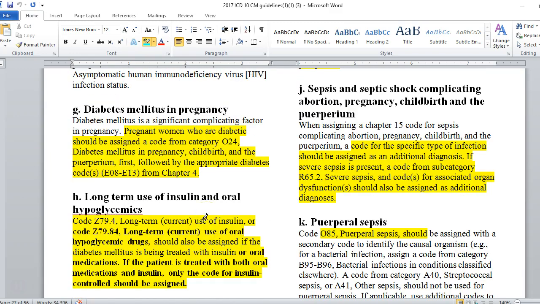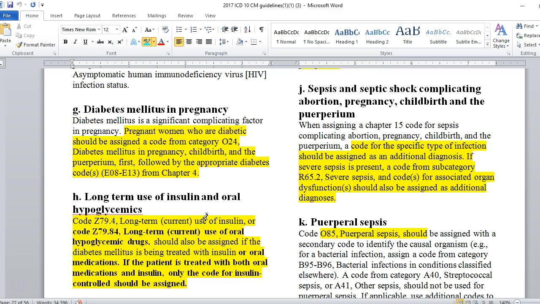So diabetes mellitus is a significant complicating factor in pregnancy. Pregnant women who are diabetic should be assigned a code from category O24, diabetes mellitus in pregnancy, childbirth, and the puerperium, first, followed by the appropriate diabetes code from E08 to E13 from Chapter 4. Okay, so again, these are women who were diabetic and then got pregnant.